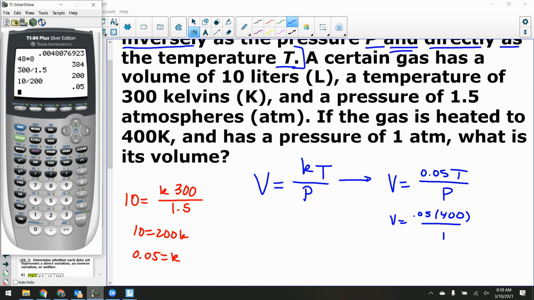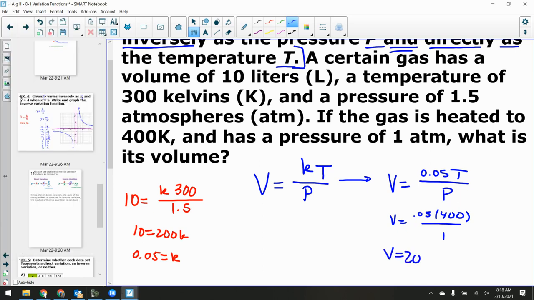Well, 0.05 times 400 divided by 1, 20. The volume would be 20 liters.